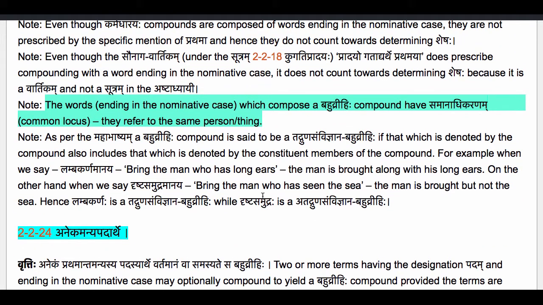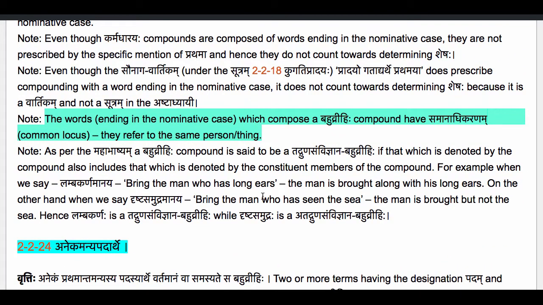For example, Sati, Isha, Yasyasaha. Sati and Isha are referring to the same goddess, in this case Parvati. So the constituent members of a Bahuvrihi compound, which as we know end in the nominative case, all refer to the same person or thing. They have Samanadhikaranam, the same locus.